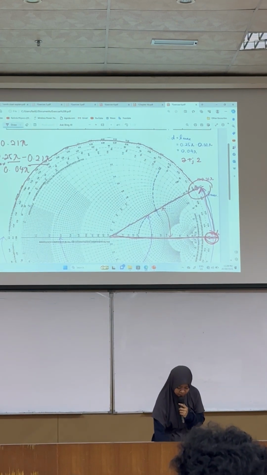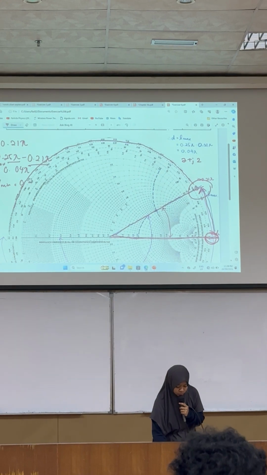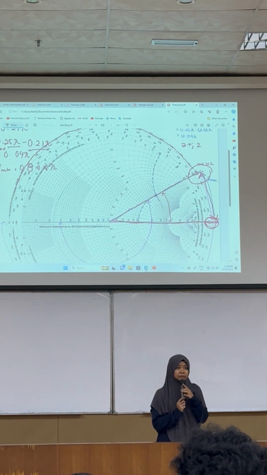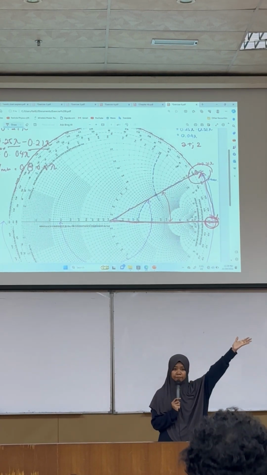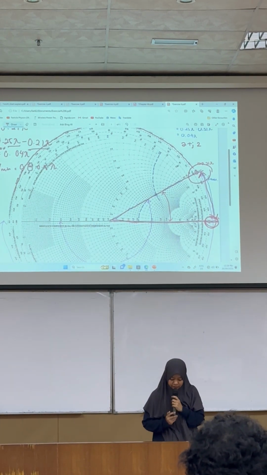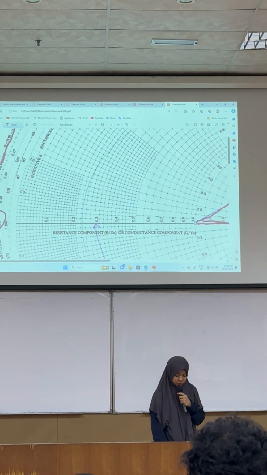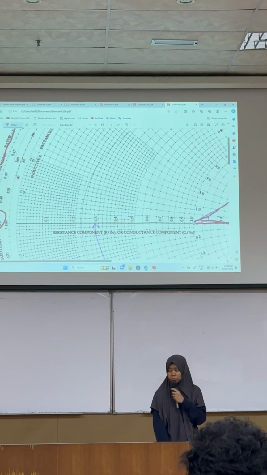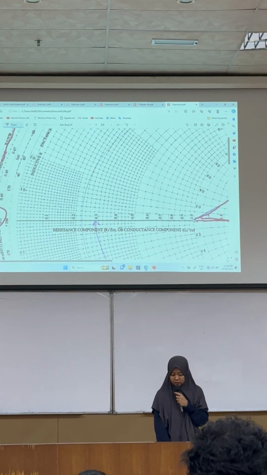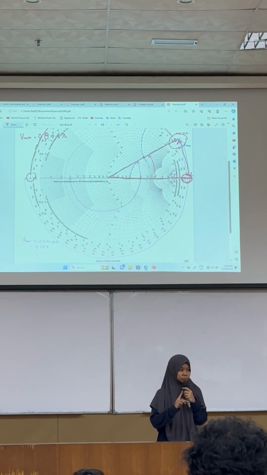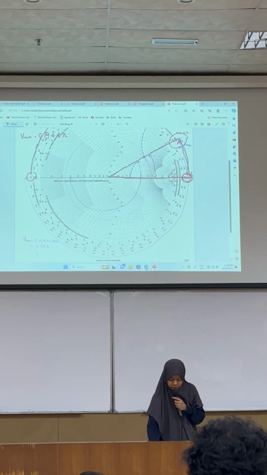So that is Vmax. Vmin happens at 0 or 0.5 lambda, betul? Which is towards the left of the Smith chart, sini. Kosong ataupun 0.5. Therefore you have to add the value, this one is 0.04.